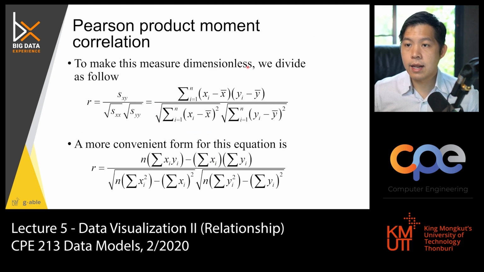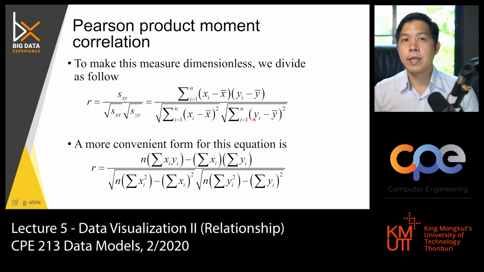So now we have the sum of the differences between the values and the mean of x and y. Dividing them allows us to conveniently compute the value.